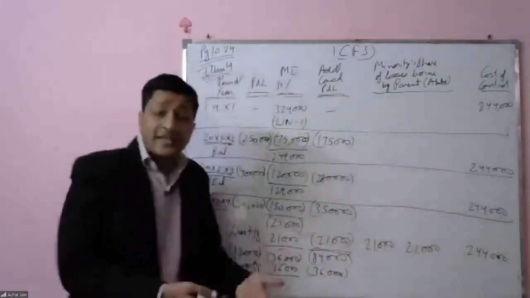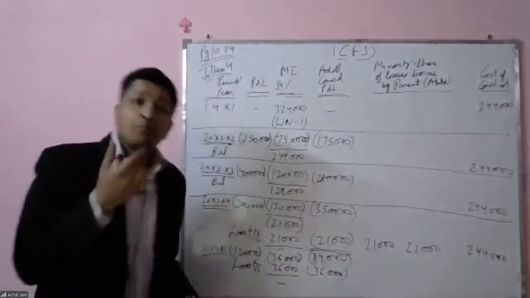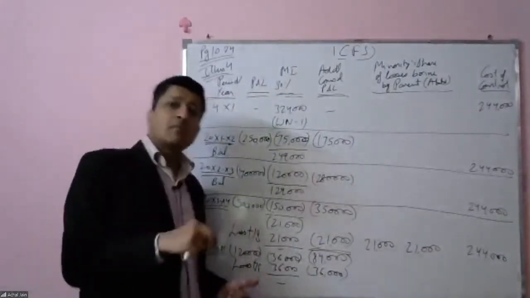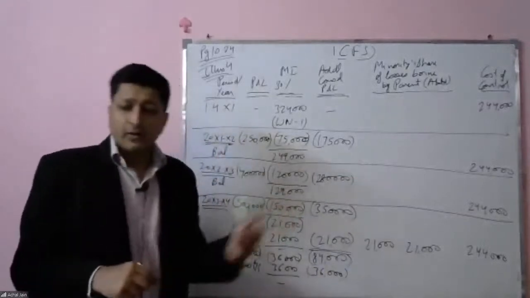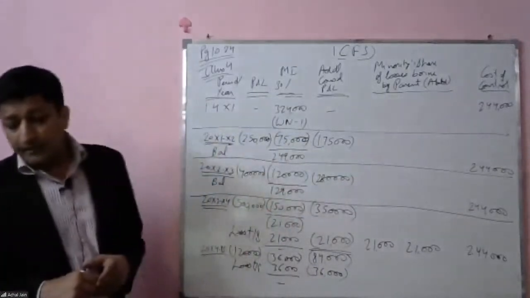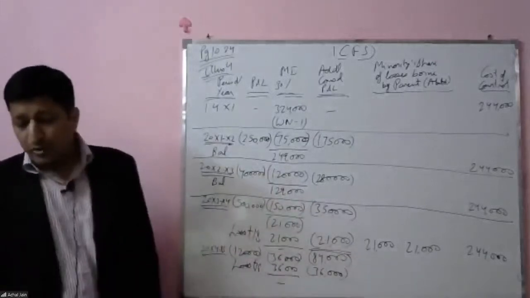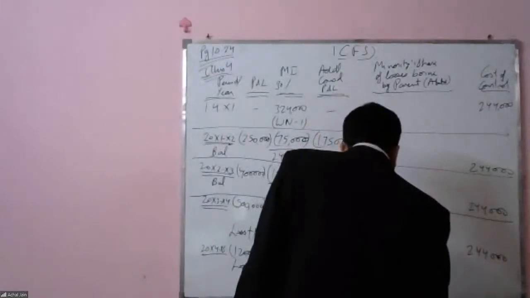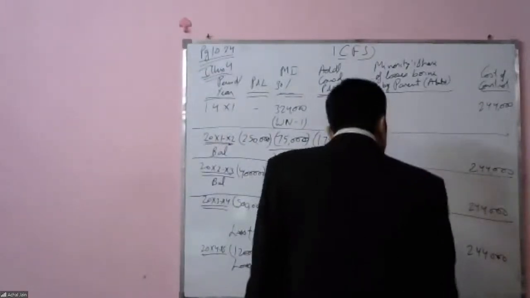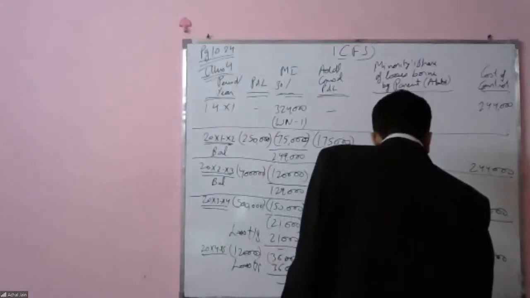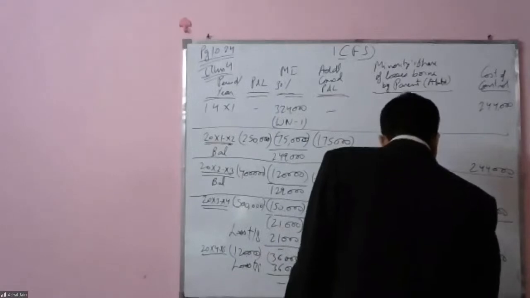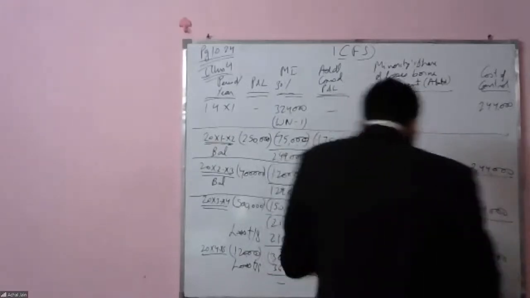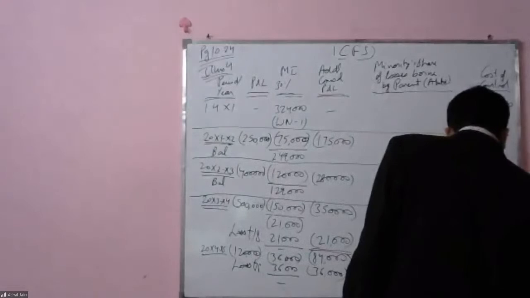And if we have to keep accumulating the portion of loss absorbed by parent towards minority, what would it now become? 21,000 was the portion which the parent absorbed earlier. 36,000 has got added over here. So the balance will now become 57,000. And the goodwill continues to be 2,44,000.